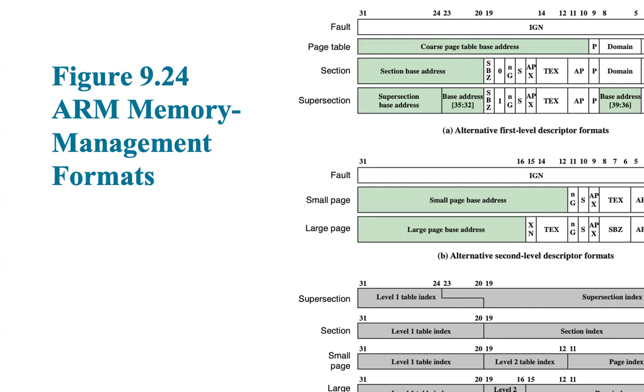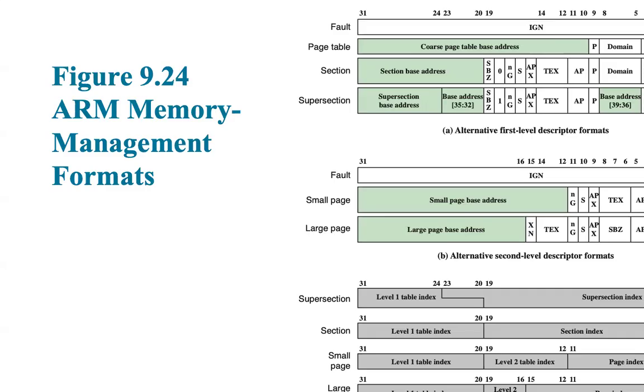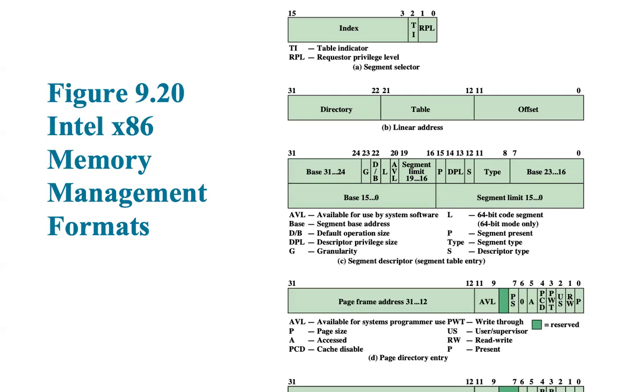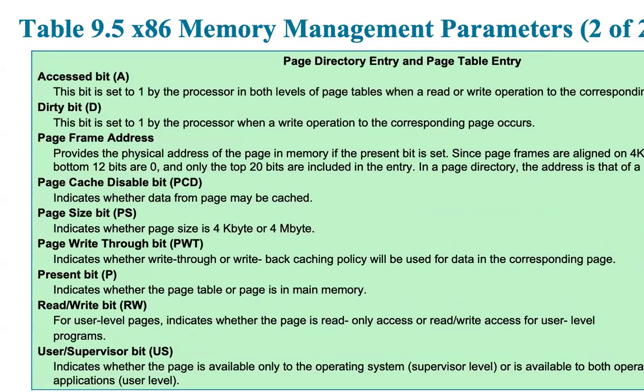To get a better understanding of the ARM memory management scheme, the key formats are shown in this figure, and the control bits shown in this figure are defined in table 9.6. And this we have here, just like you have those two charts together. Then we have the x86, but there's enough things in the x86 architecture that it takes two tables to cover all of the things that are done with its memory management.